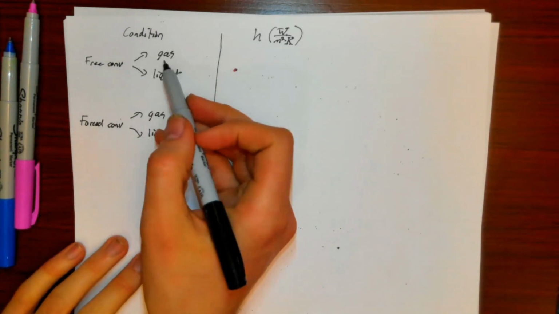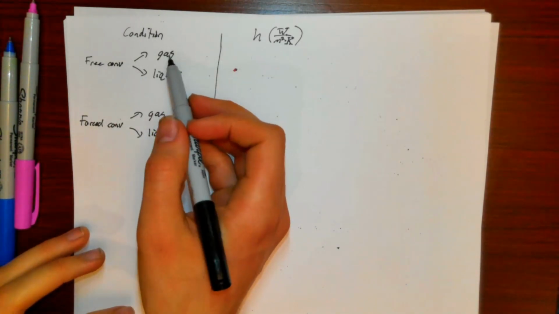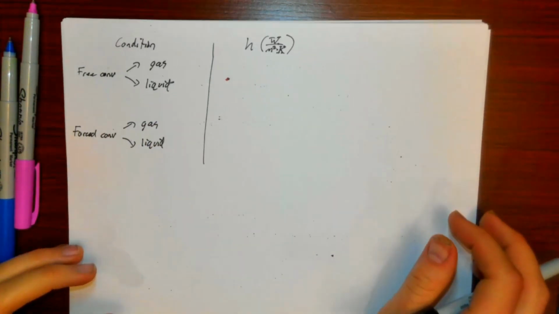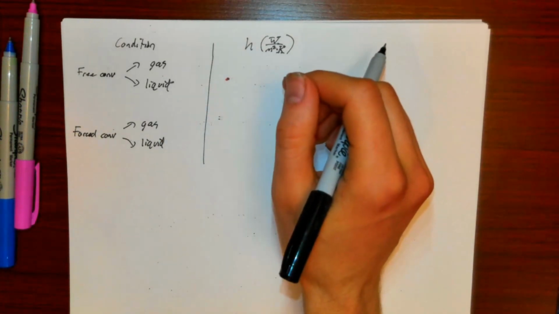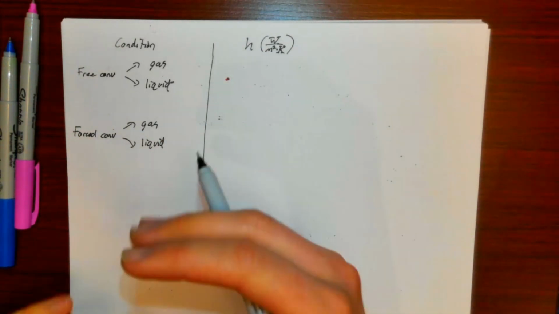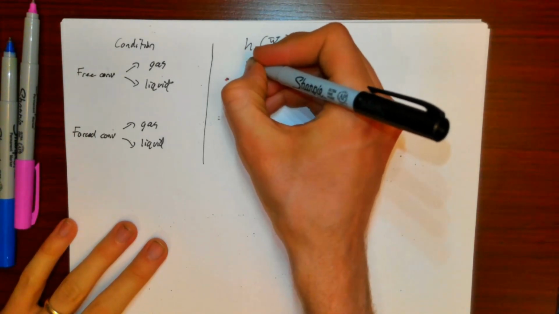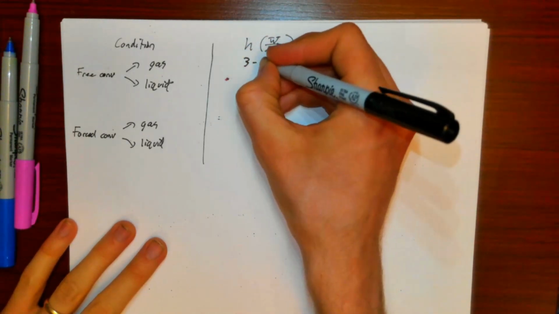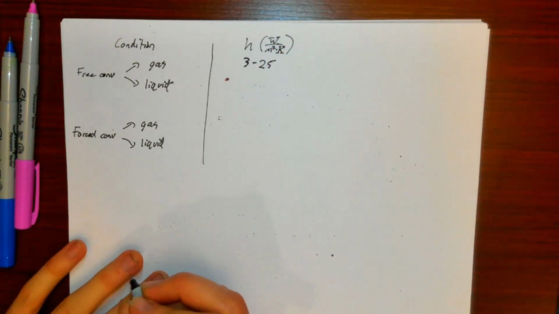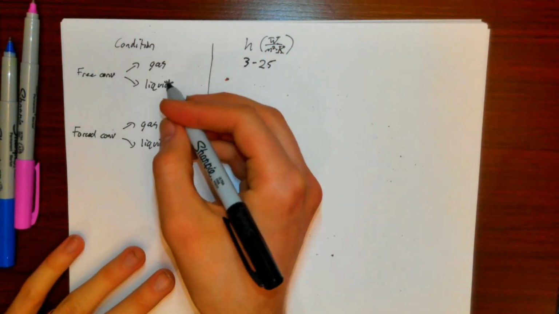And so free convection for a gas, of course it depends on exactly what gas you're talking about, and exactly how the flow is happening around it. But typical ranges you might see for H for gases might be something like 3 to 25 watts per meter squared Kelvin.